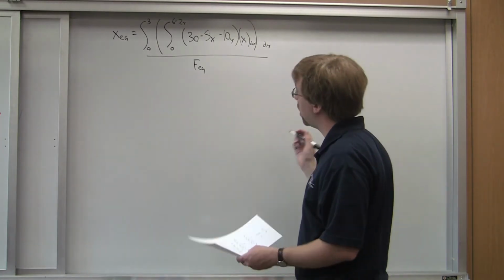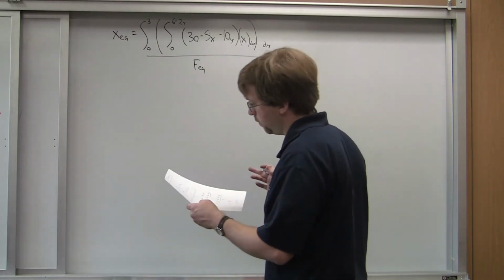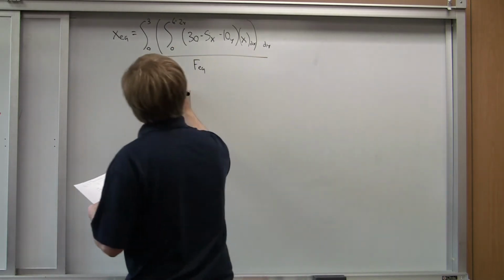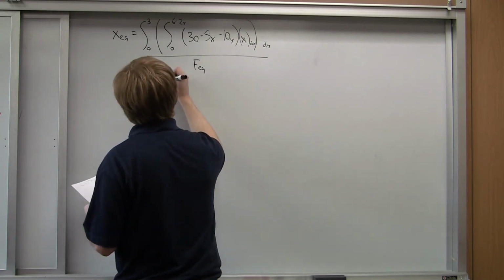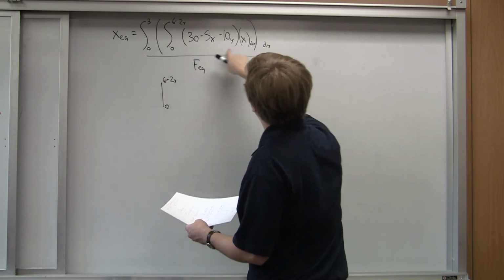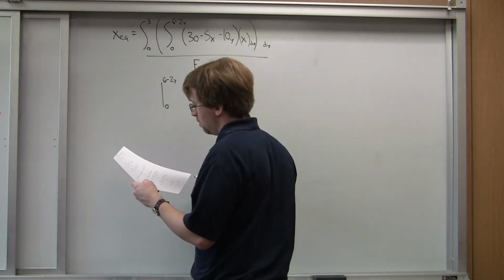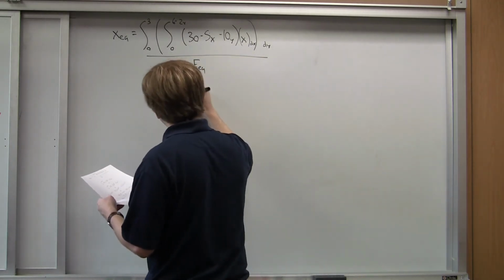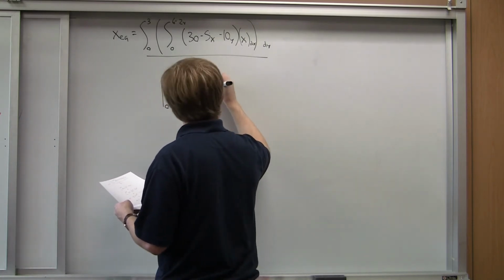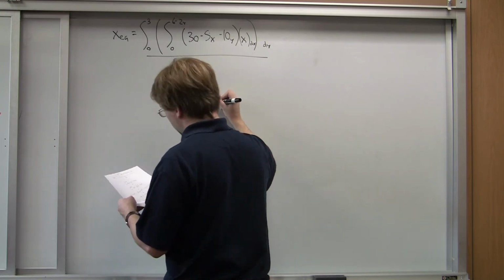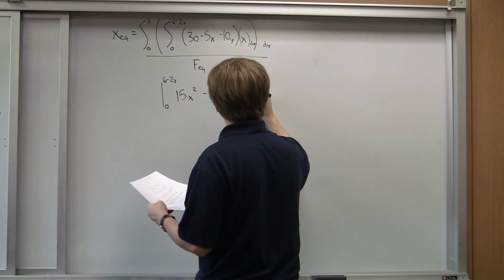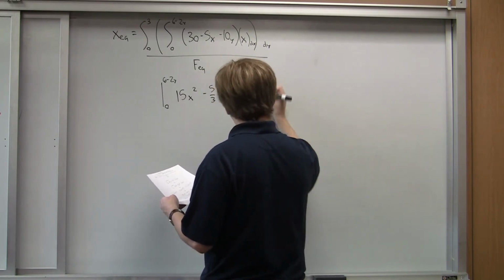All right, so if we do a little bit of work with this top integral, we can find that the integral from 0 to 6 minus 2y of all of this times x is going to end up being 15 times x squared minus 5 thirds times x cubed minus 5 times y times x squared.